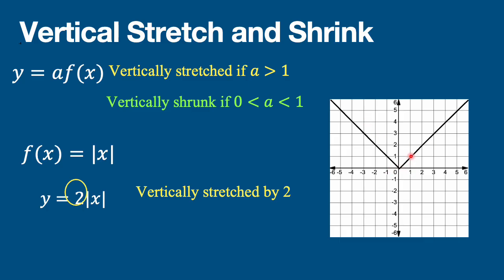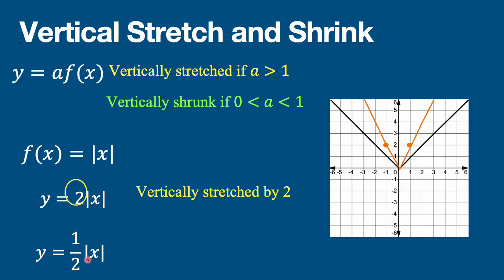Now 1 and 1 here, the y value is 1 times 2, that's going to 2. Negative 1 and 1 this point, the y value is 1 times 2, go up. So you're going to plot the points 1 and 2, negative 1 and 2, you connect that, so you have a V shape, but this V shape is closer to the y-axis. So when you stretch vertically, the graph gets closer to the y-axis.